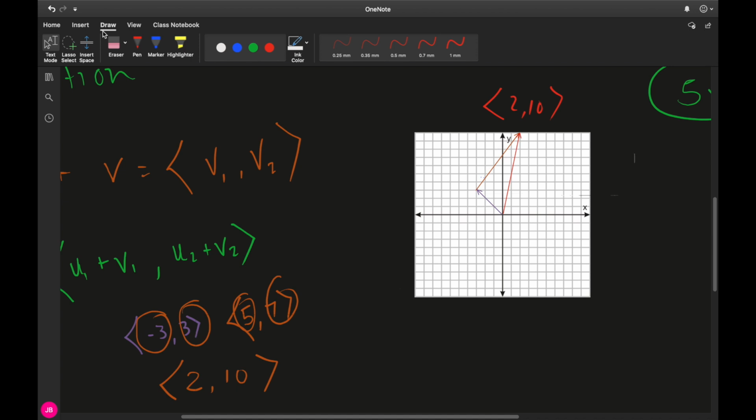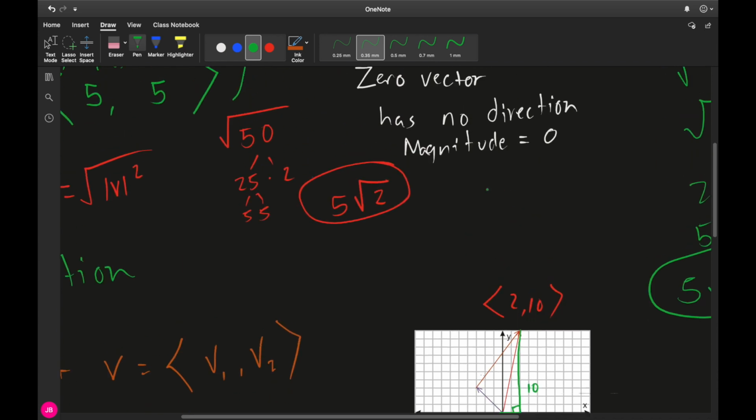Now, I also mentioned that you can always find the magnitude of a vector by drawing a right triangle. That includes when you add them. So even if you have vector addition going on, you can always create a right triangle. This will be 2, this will be 10, and you can now find the magnitude of this vector by either doing the formula for magnitude.